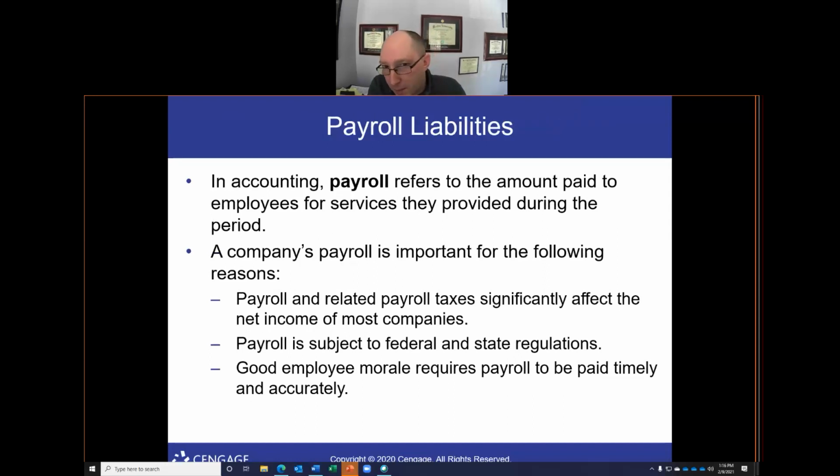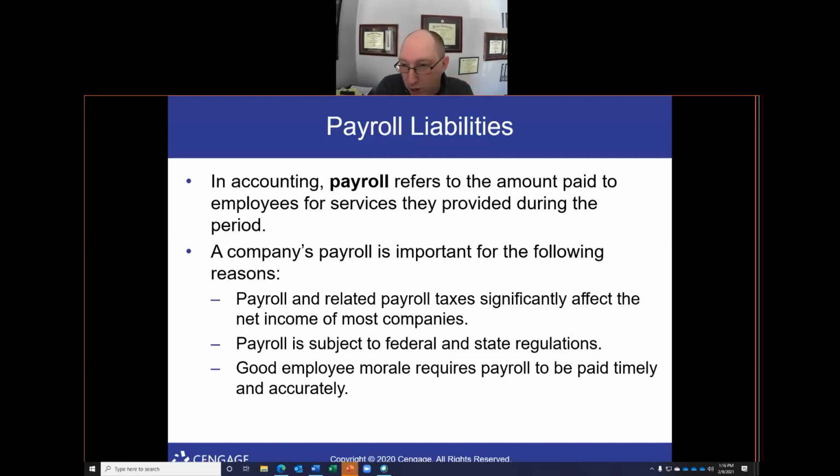Let's talk about other liabilities. Payroll liabilities. As you know, if you have an employee, you have to pay your employee. You pay your employee every week or every other week. It's typically every other week. Payroll is a liability.